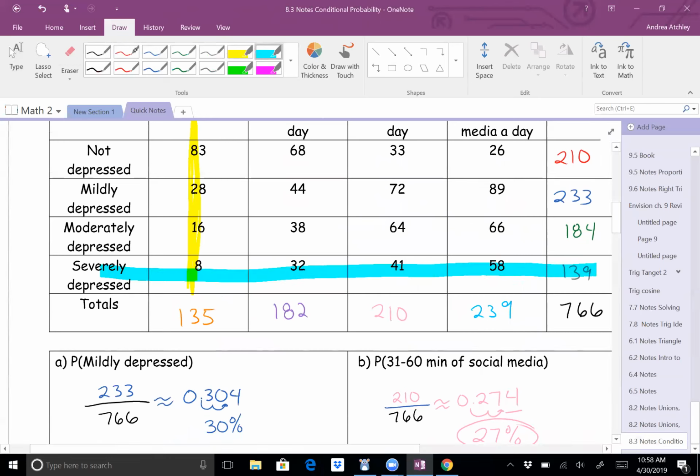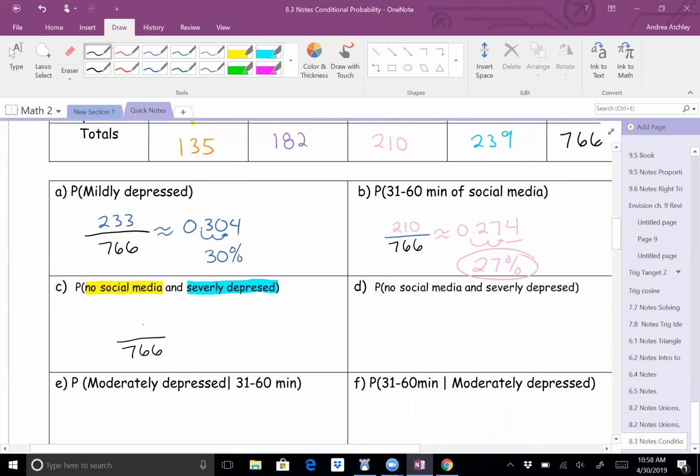I want that intersection, where those two meet. That's 8 people. The 0 does not make the 1 move up, so it gives me 1%. Any questions over that?